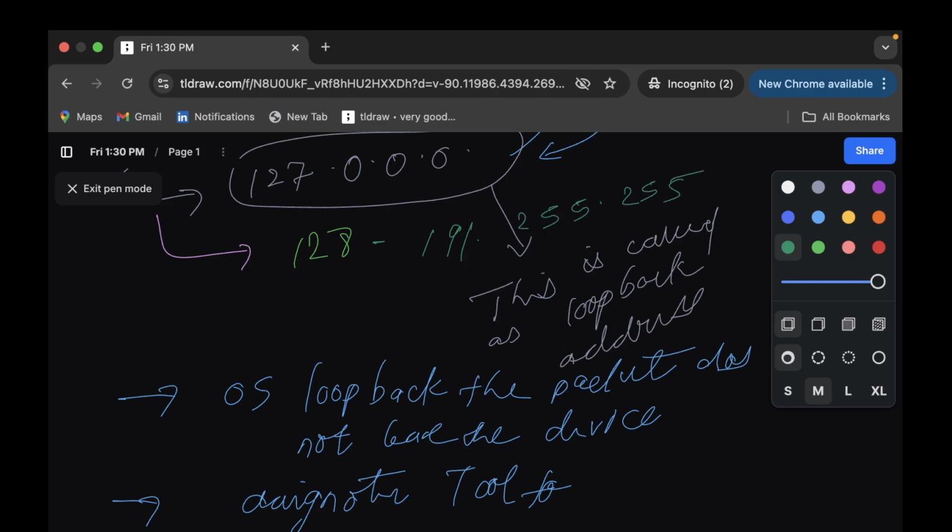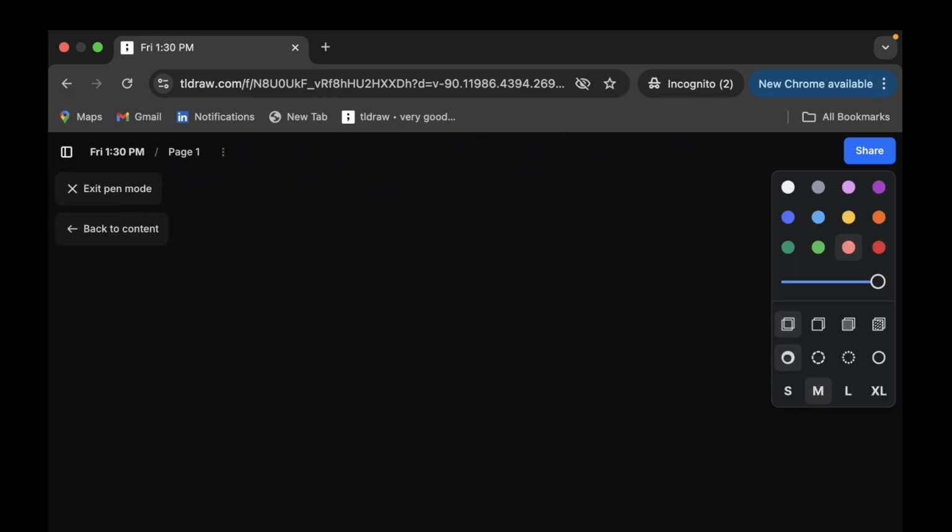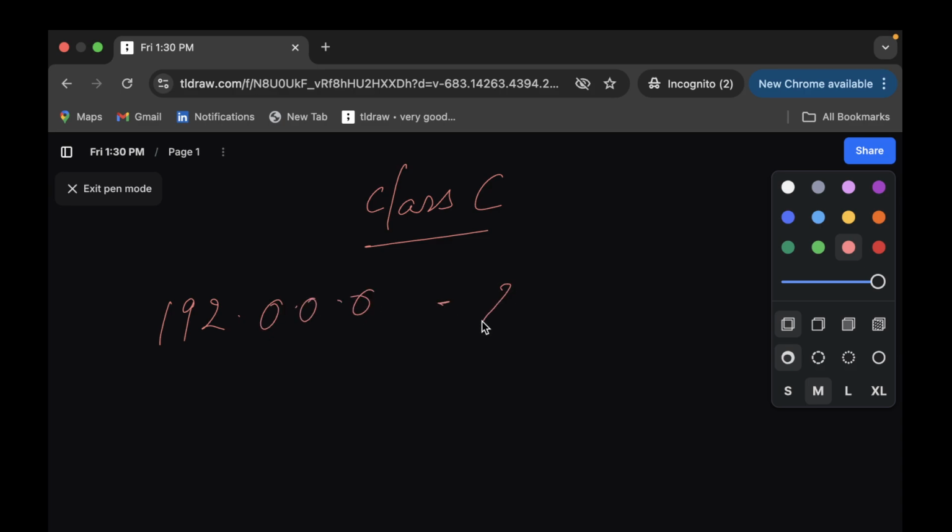Then I have my class C. Class B ended at 191, right? So class C is 192.0.0.0, and it goes all the way up to 223.255.255.255. This is the last address in that range.